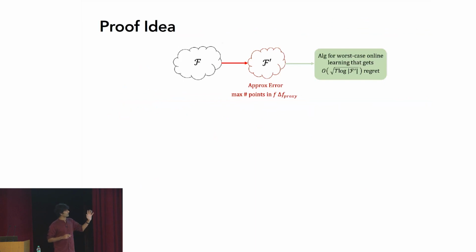So F is infinite, and you approximate F with some other smaller class F prime, and then you can run a no regret learning algorithm on this. On the smaller class F prime, you will get sublinear regret, which depends on its size. But the challenge is how to bound the difference between F and F prime, because your data is still somewhat adversarial.